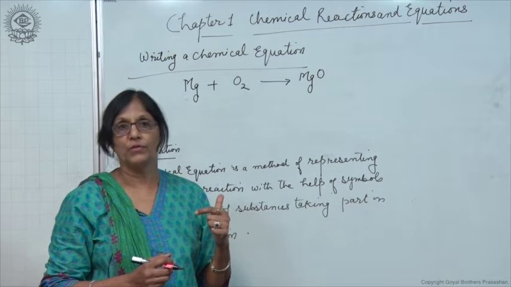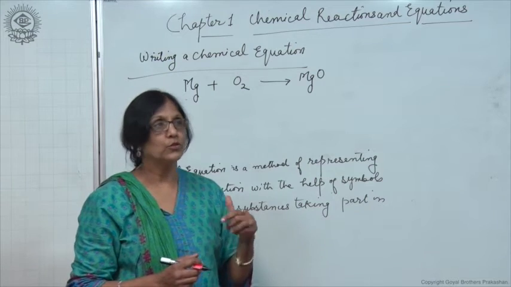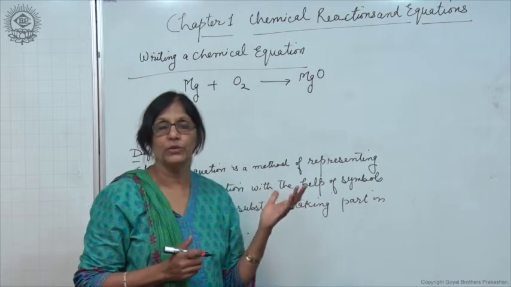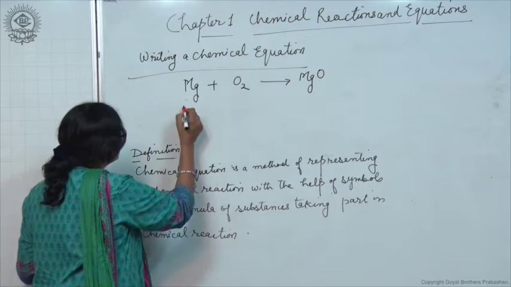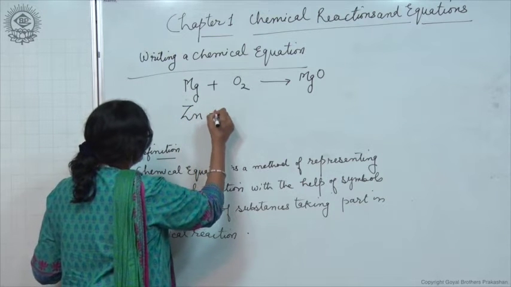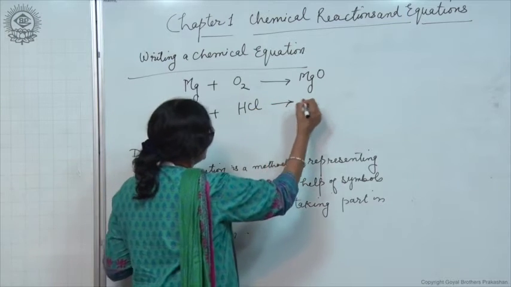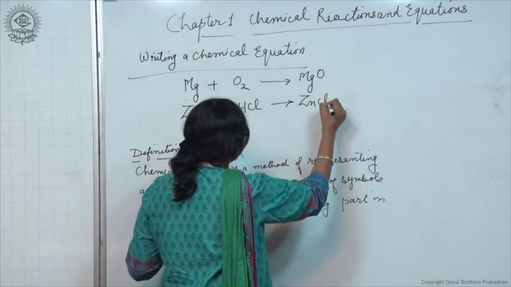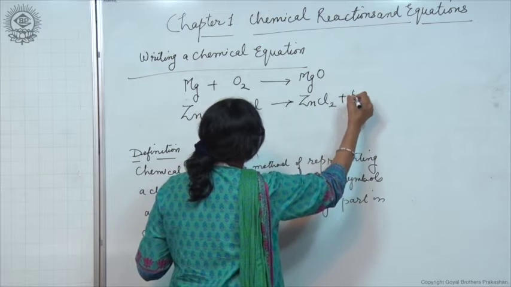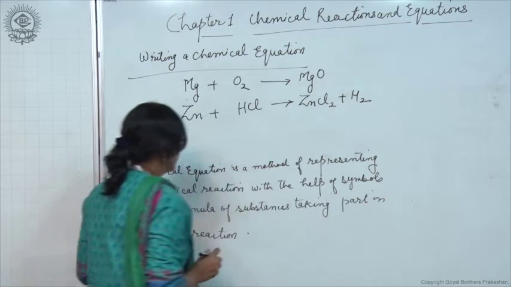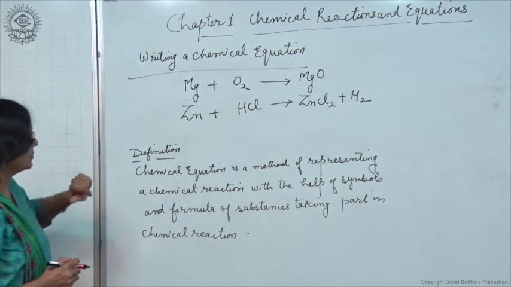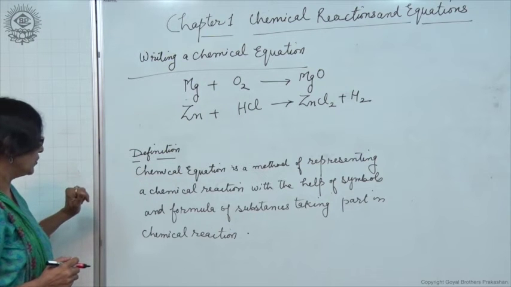And what is the formula of hydrogen? H2. So, we can write the equation in that case also. The chemical equation: Zn plus HCl gives ZnCl2 plus H2. So, these are the chemical equations.